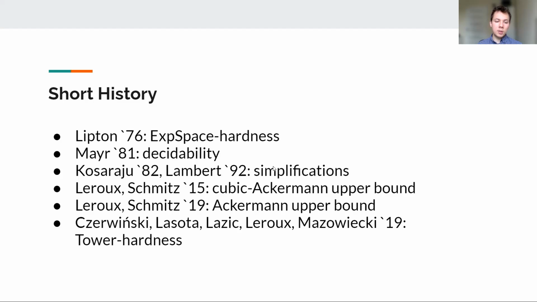As you can see, there is a big gap between the Kosaraju and Lambert results and this result from Leroux and Schmitz. In this period of time, vector addition systems in small dimension were studied, and this gave us a better understanding of the problem.